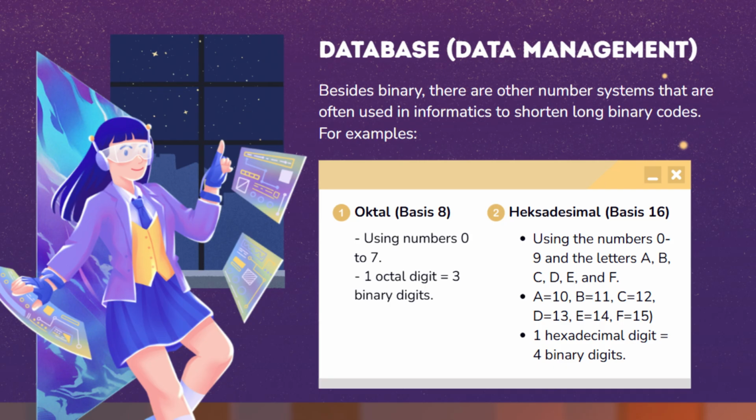For example, you can use the numbers 0 to 9 and the letters A, B, C, D, E, and F. So A is 10, B is 11, C is 12, D is 13, E is 14, and F is 15. One hexadecimal digit is 4 binary digits.